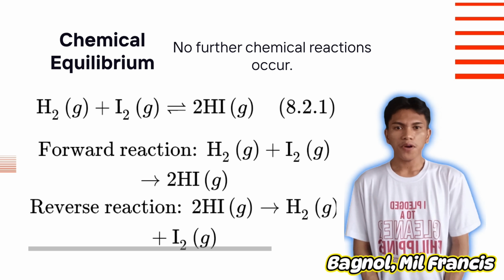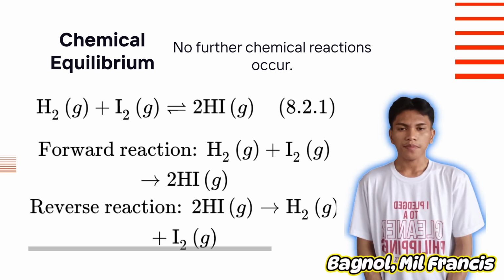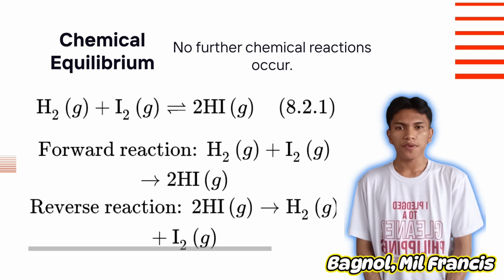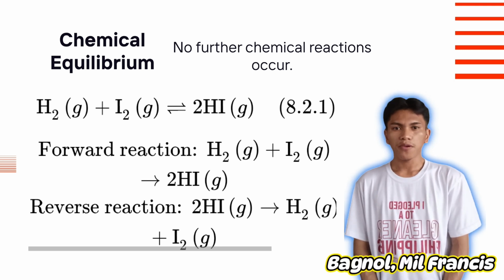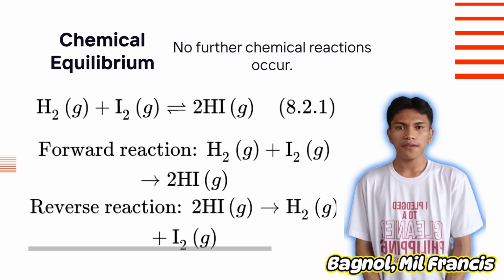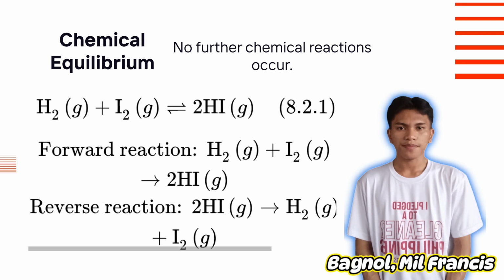Gradually, the rate of the forward reaction decreases while the rate of the reverse reaction increases. Eventually, the rate of combination of H2 and I2 to produce HI becomes equal to the rate of decomposition of HI into H2 and I2. When the rates of the forward and reverse reactions have become equal to one another, the reaction has achieved a state of balance.